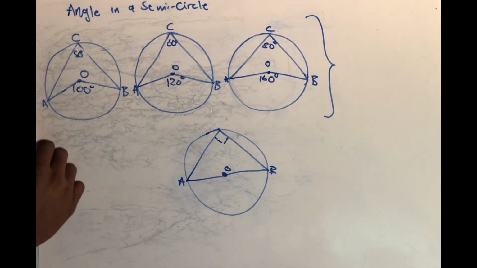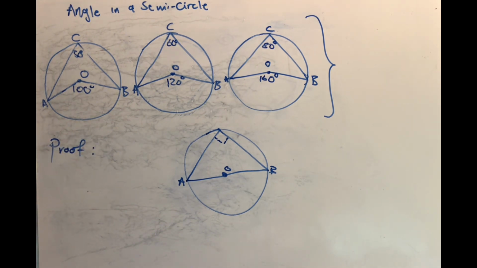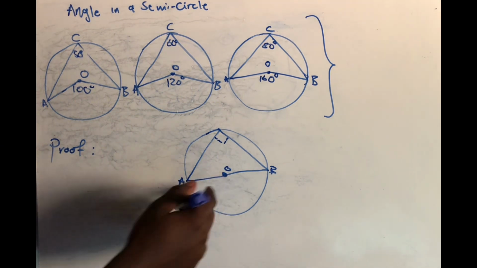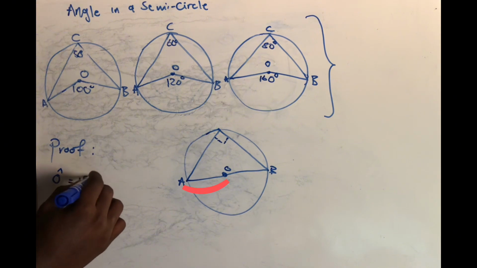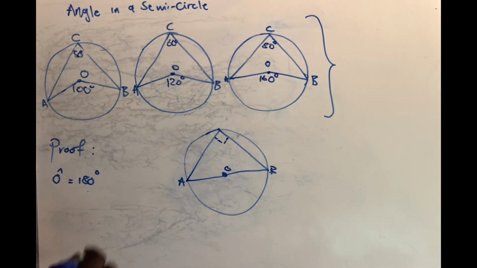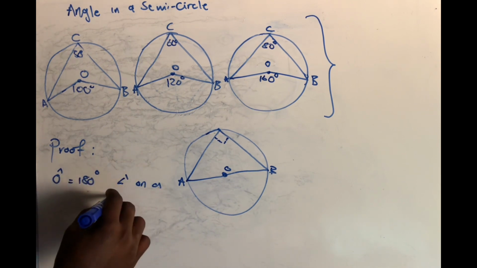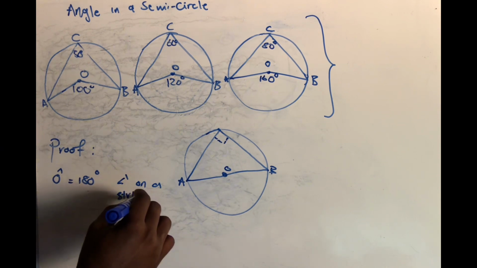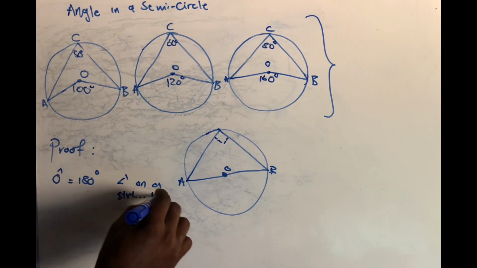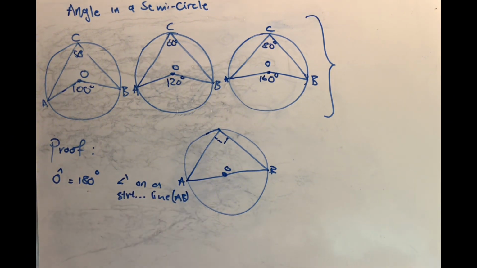Let's try to prove the theorem. So a diameter is a straight line. That means angle O is equal to 180 degrees, angle on a straight line AB.